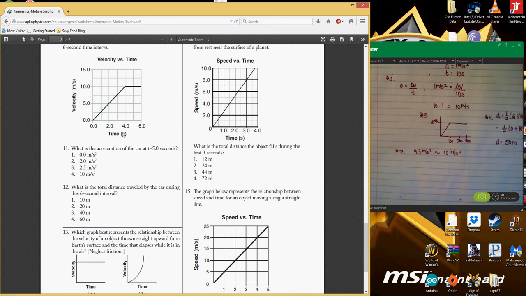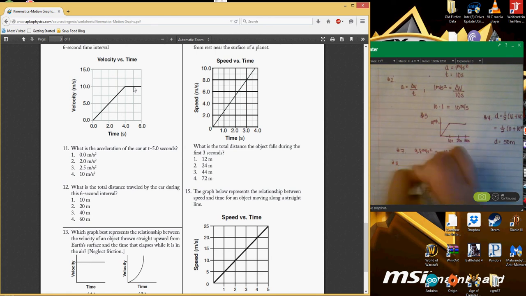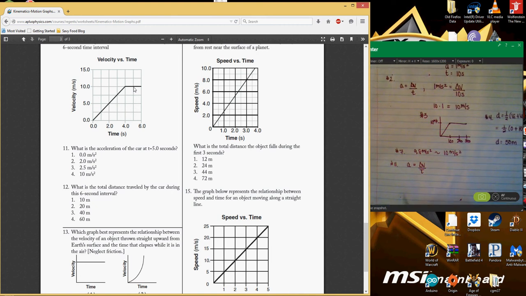Gravity on Earth is always going to be 9.8 meters per second squared, which can be rounded up to 10 meters per second squared. And the reason you can do this is because gravity is not perfectly constant. Depending on your elevation, it can be greater and it can be less, so we usually just tend to round it up to 10 meters per second squared.